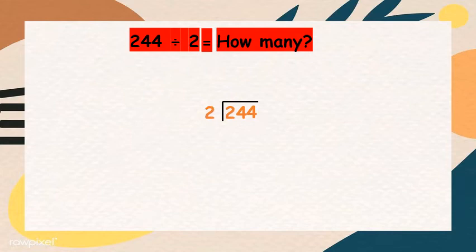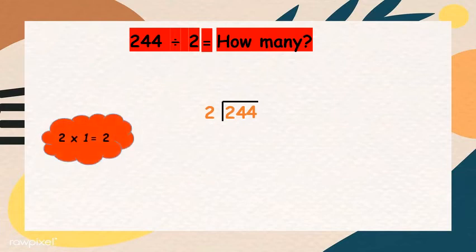We begin with the 2 times table. So 2 divided by 2 is 1. Write it in the hundreds place of the quotient. Then multiply 1 times 2 equal to 2. Then subtract: 2 minus 2 is 0.